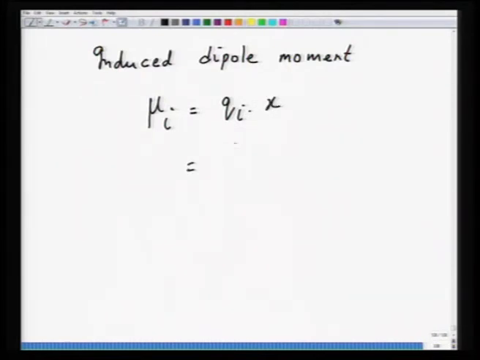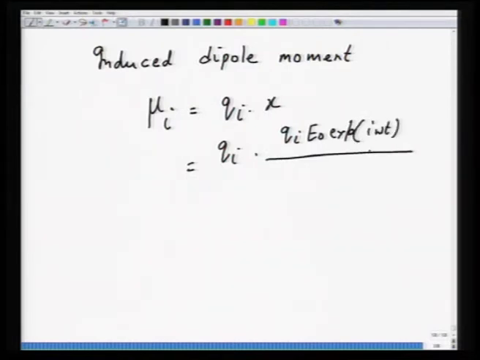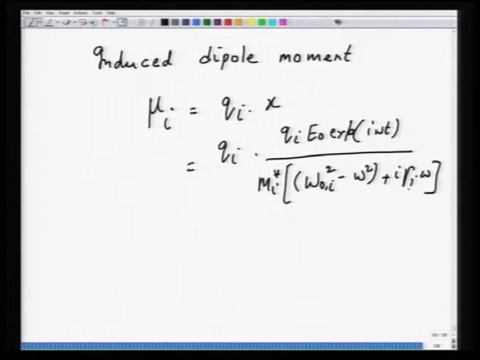So, this is equal to q I multiplied by q I into E naught exponential I omega t divided by m I star into omega naught I square minus omega square plus I gamma I omega. Okay. So, this is the expression for mu I.